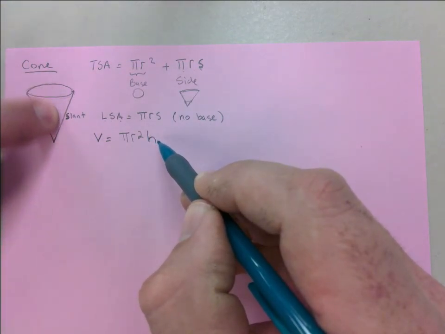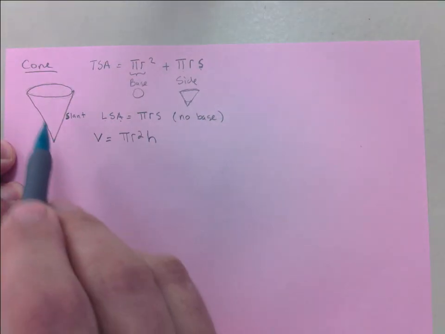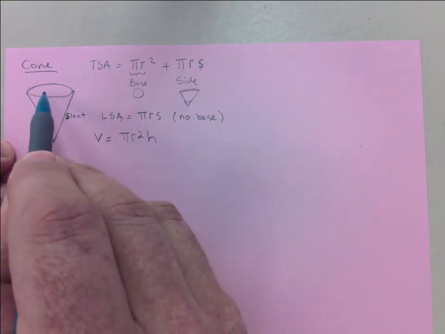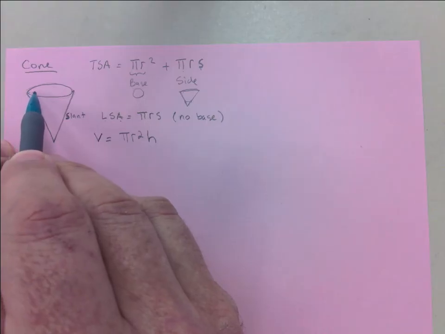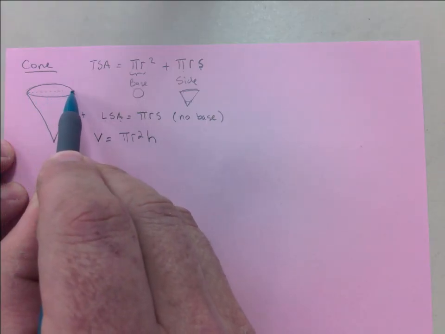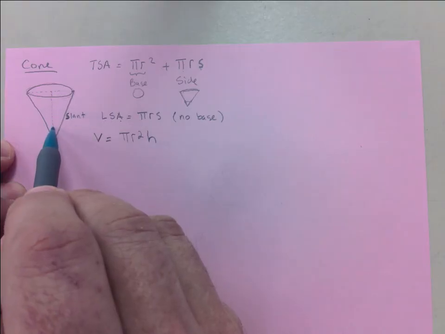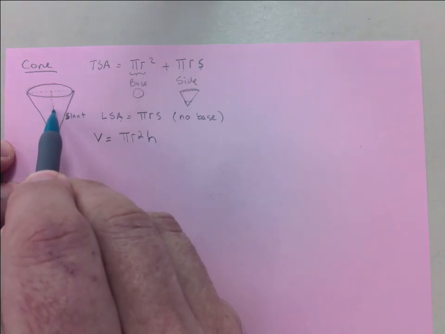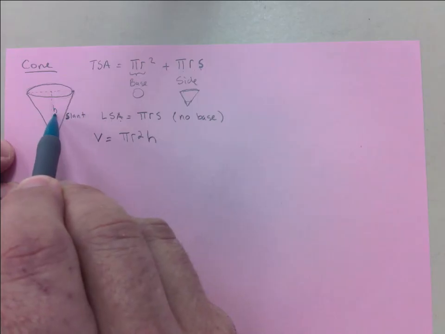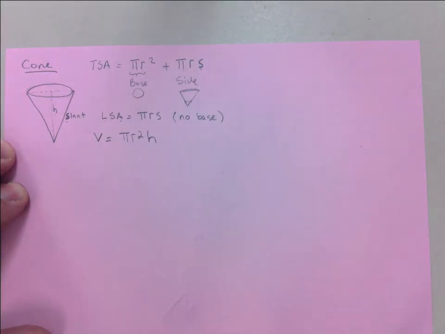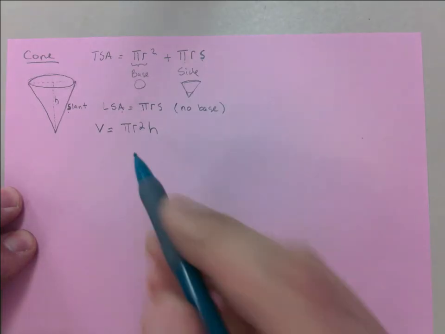What is this? This is the height. So I'm actually going to make a diameter go right across, and then from that center point, I'm going to go straight to the top. Okay, that is the height. So don't mix up H and S. Okay, they are very different.